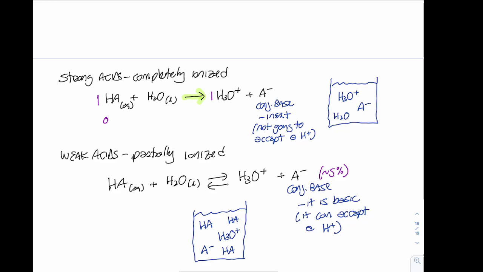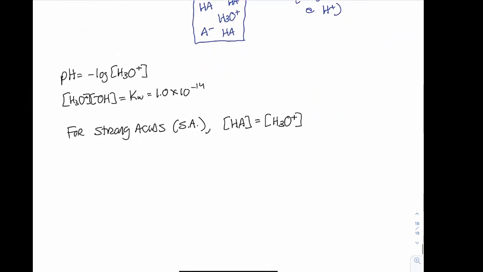If my concentration of acid, let's just say was 0.200 molar, then my concentration of hydronium ions is going to be 0.200 molar, right? Whatever that strong acid concentration is initially is going to be my hydronium ion concentration. So because of that, figuring out the pH of strong acids is pretty straightforward.